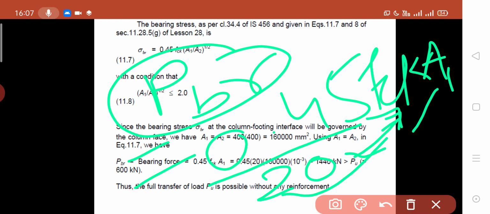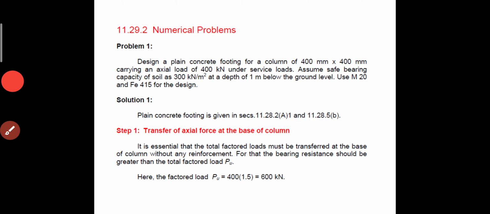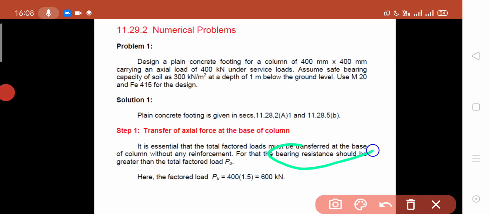We also convert it in meters: 1,60,000 multiplied by 10 to the power minus 3. So we get the value of PBR, which is 1,440 kilonewton. So in the first step, we find that the bearing resistance should be greater than the total factored load.